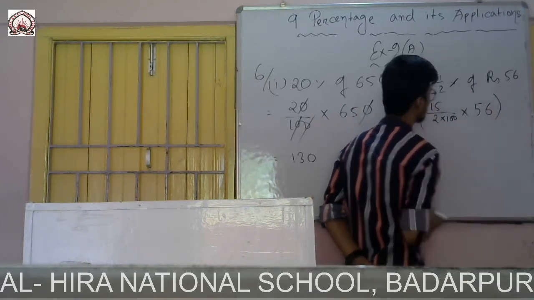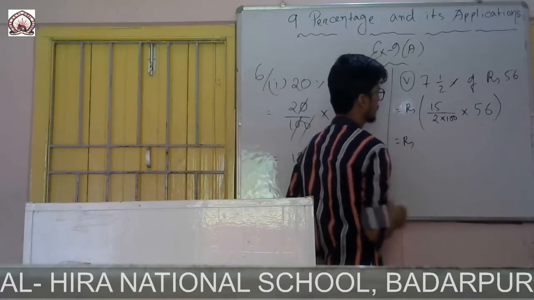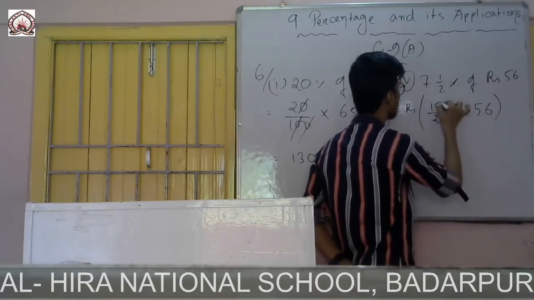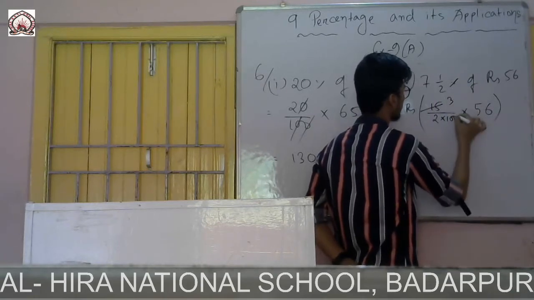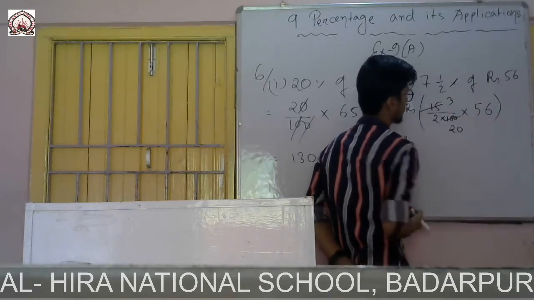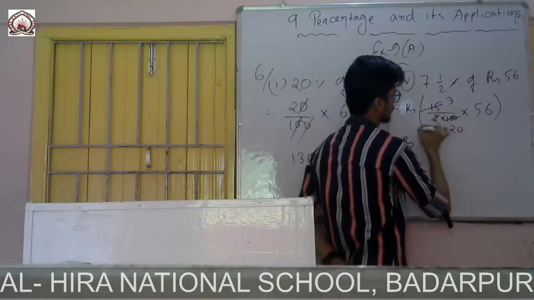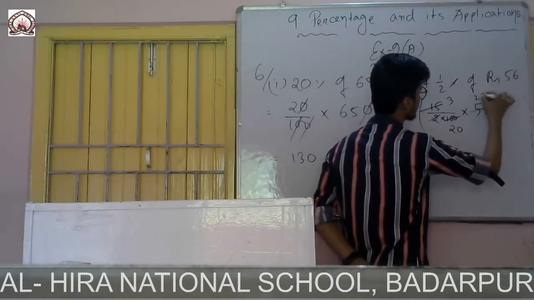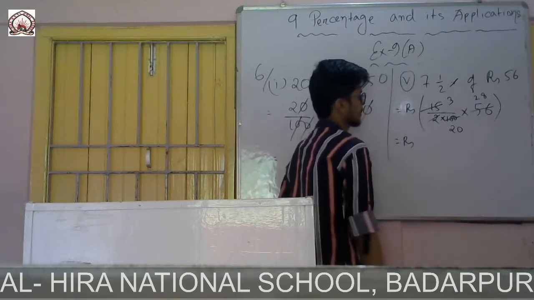So you write 56. Now you cancel. 15 and 5, 3s are 5, 20s are. Okay, 2 you can cancel with 2 2s are 4, 2 8s are 16, 28.